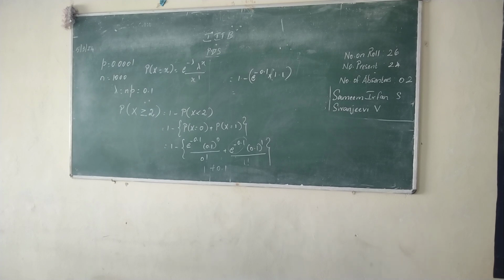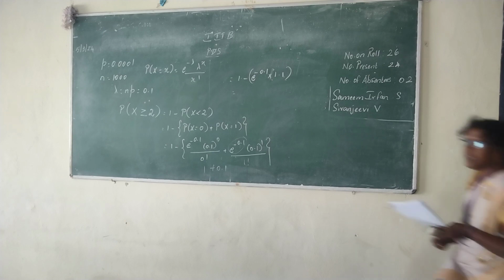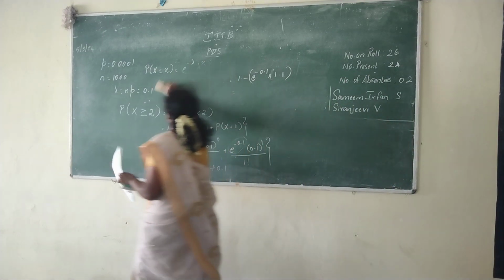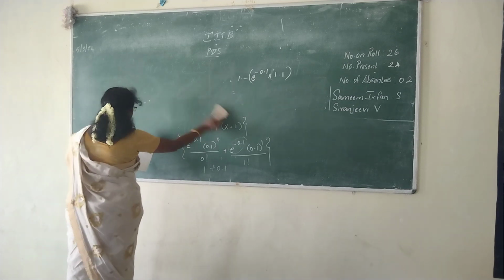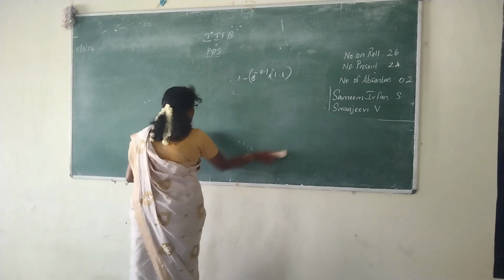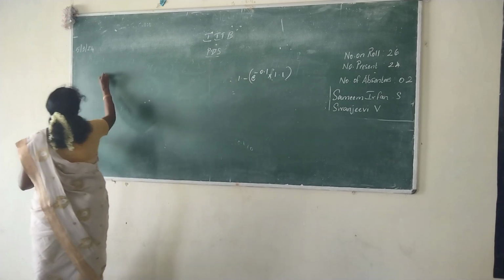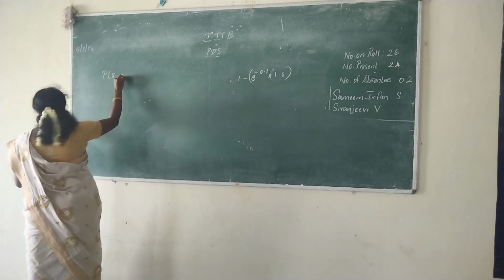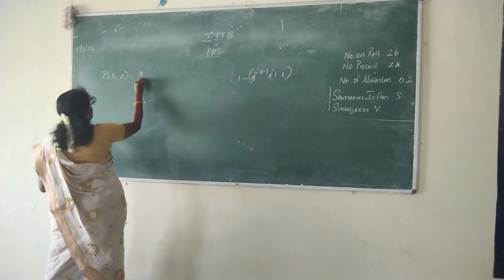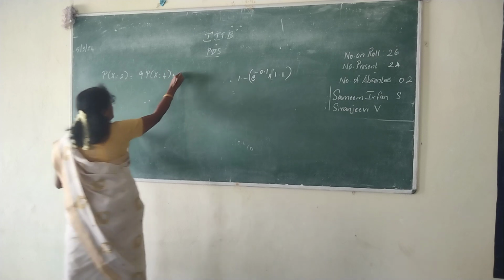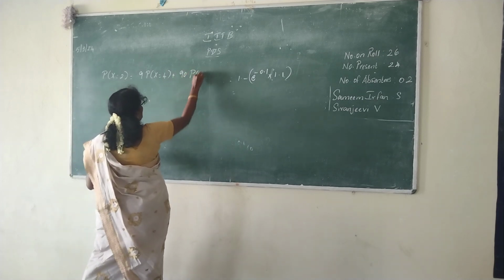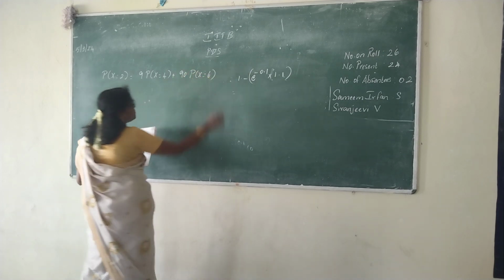Take the next one. If x is a Poisson variate with probability of x equal to 2 is equal to 9 into probability of x equal to 4 plus 90 into probability of x equal to 6.